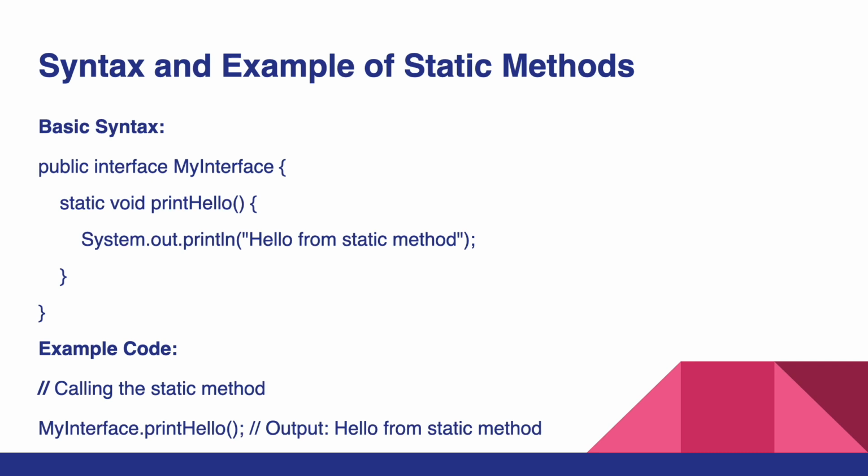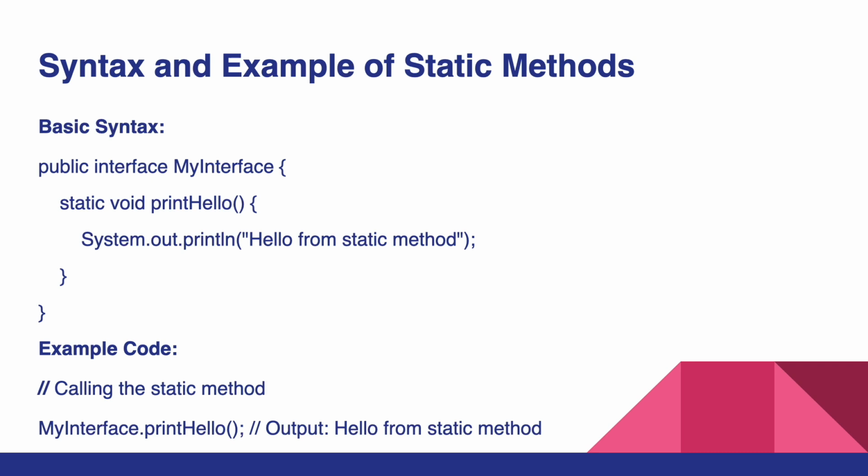Here's how a static method is defined and used in an interface. In this example, the MyInterface has a static method named printHello, which prints a message to the console.